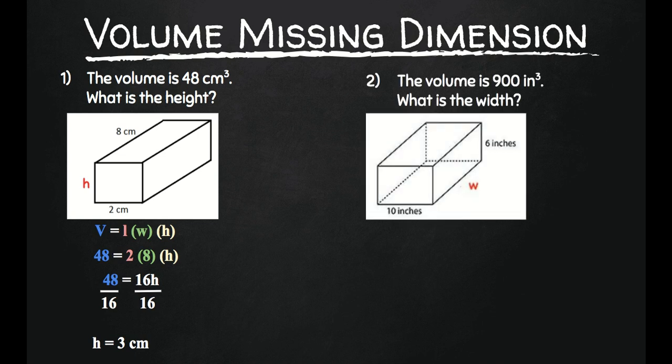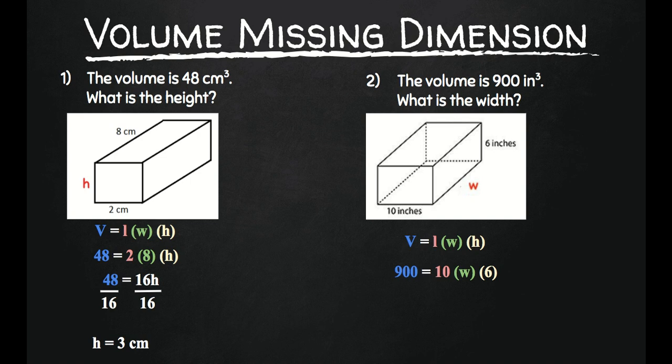Let's try one more problem. Here it tells me that the volume is 900 cubic inches. What is the width? Again, I'm going to start with my formula and then plug in what I know. I know that the volume is 900, the length is 10, and the height is 6. I need to figure out what the width is. To simplify this, remember we said we can multiply in any order.